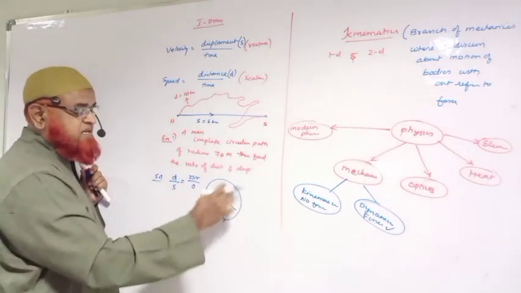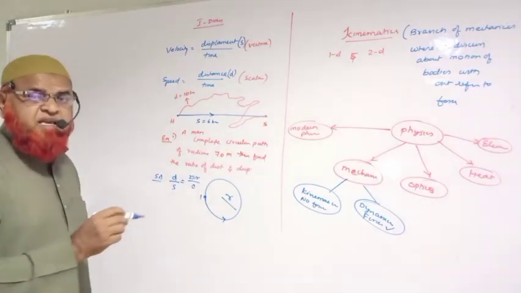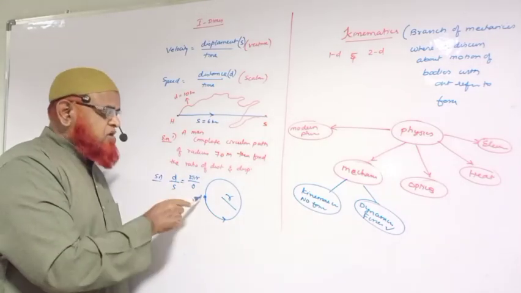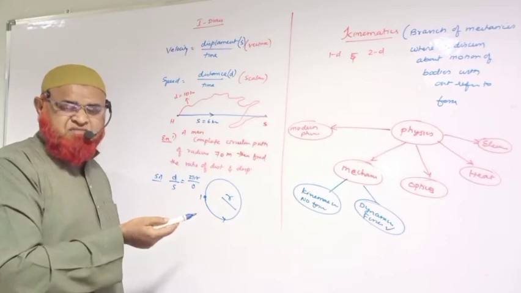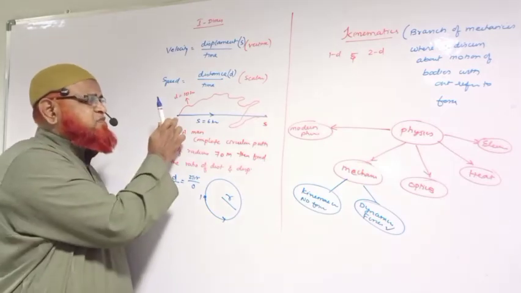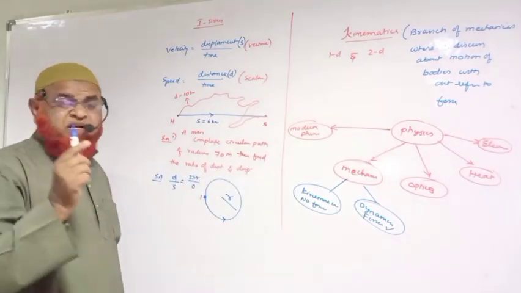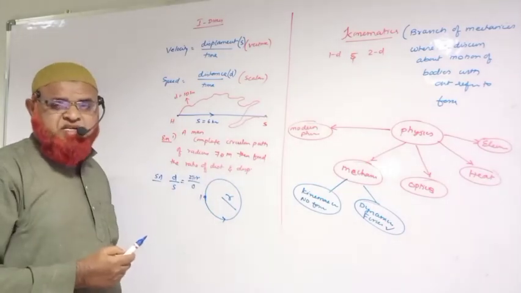You should understand that displacement is about the starting point and the ending point. The starting point is there only, and the ending point is also there only. The straight line distance from the starting to the ending point is also called displacement.